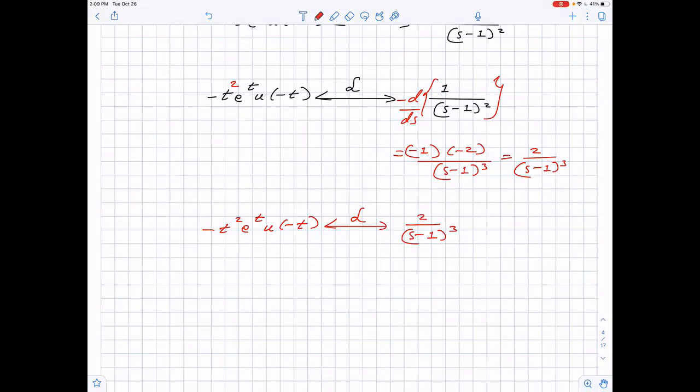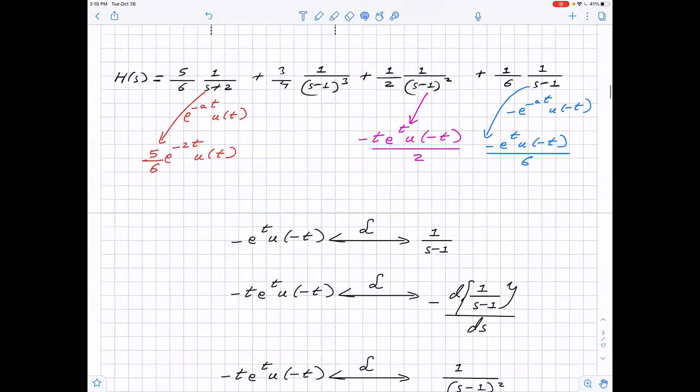If we divide both sides by 2, we get this in the time domain, and in the S domain we can get rid of that 2. So we can use this as a formula. Now let's copy this. For 1 over s minus 1 cubed, the inverse Laplace transform is given by this.